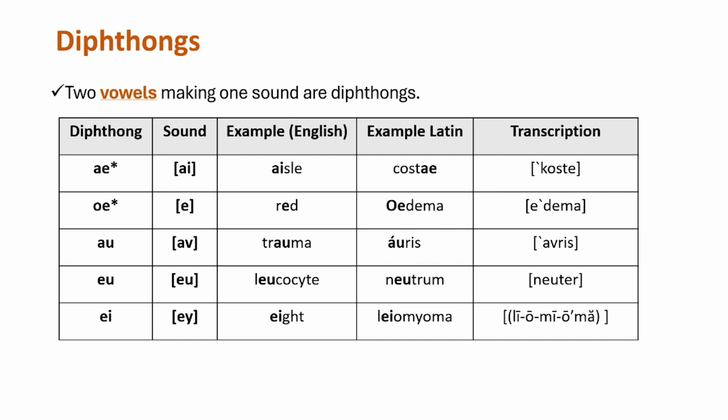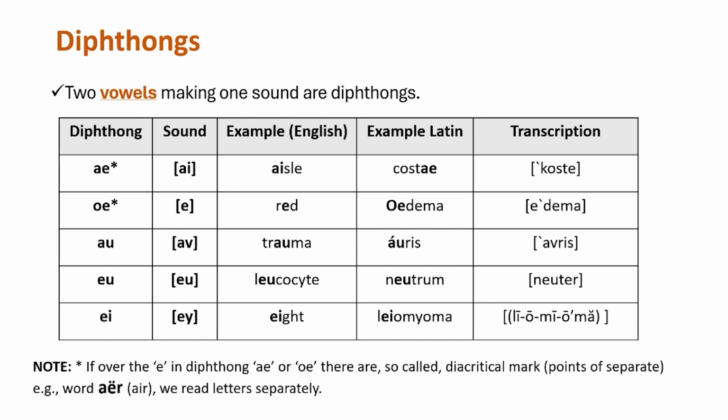So you might be thinking why we need diphthongs. Like vowels, diphthongs are used to provide phonetic distinction, which adds richness to the language. Also, I would like to note that if you see two dots on a vowel, that is called a diacritical mark.